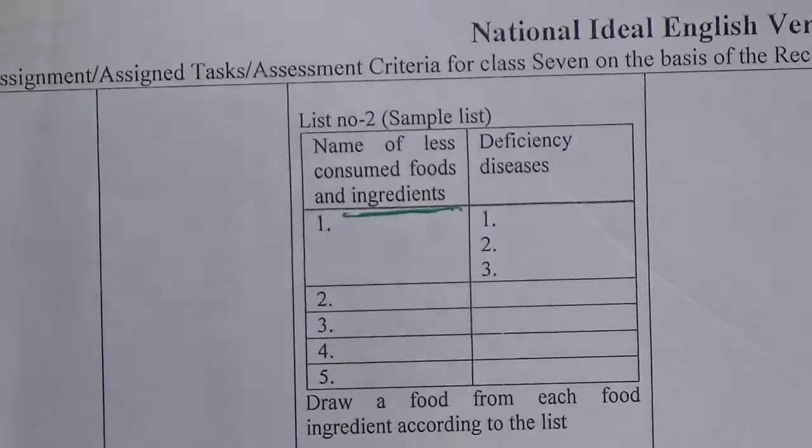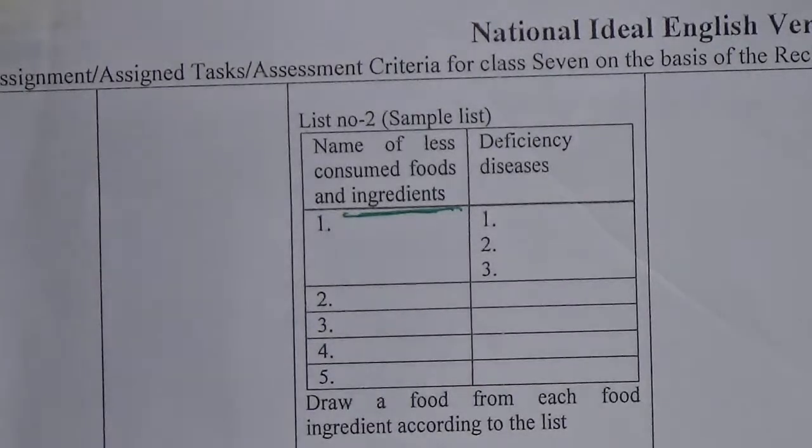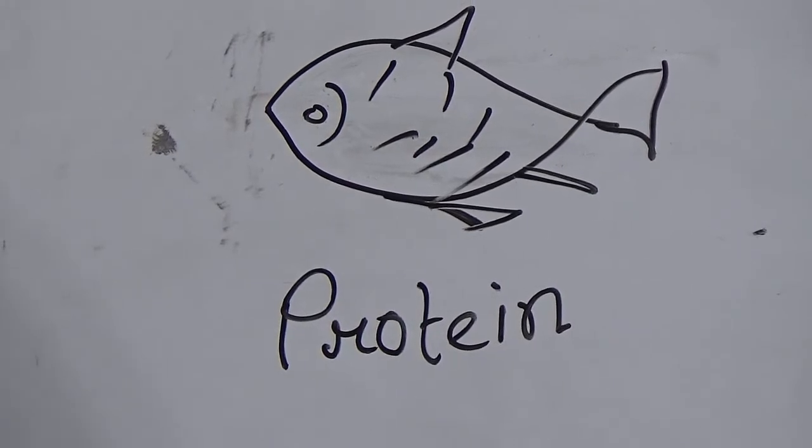Suppose this is a fish, then just write here protein. So in this way you have to write this. Then the carbohydrate, then any 1 food items. And students, you have to draw with the pencils.